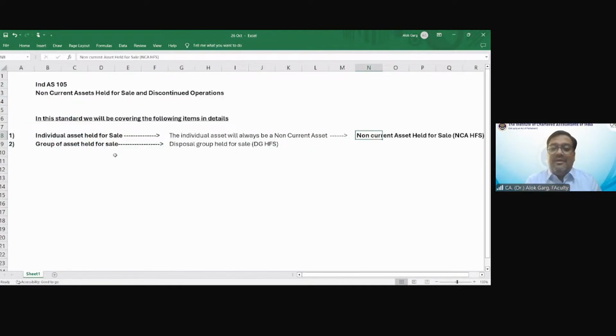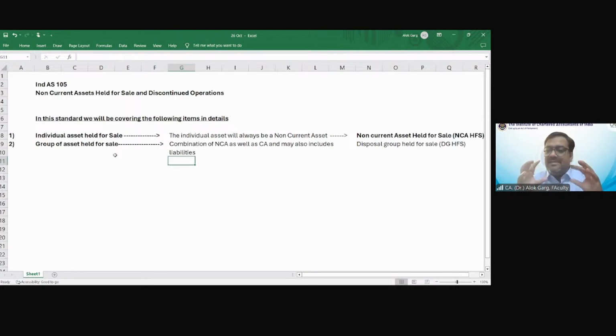Friends, if I talk about a disposal group held for sale, a group of assets held for sale, what is the status? This group of assets held for sale could be a combination of non-current assets as well as current assets, and may also include liabilities. You remember, in my factory there was raw material also, there were finished goods also, and there was a loan also.